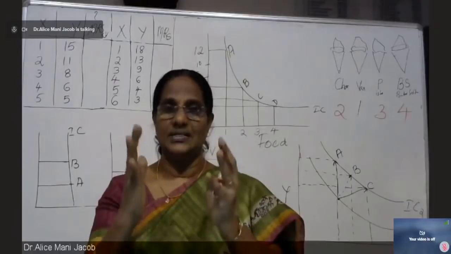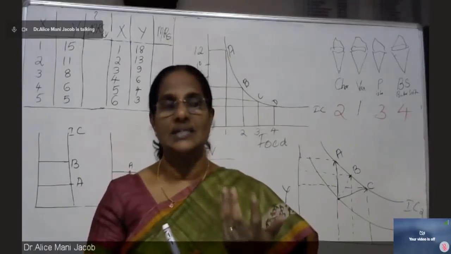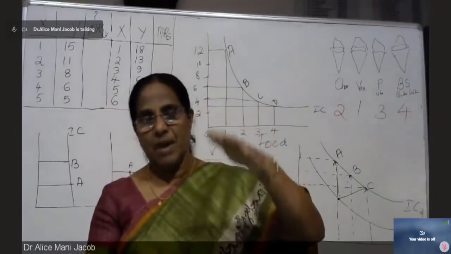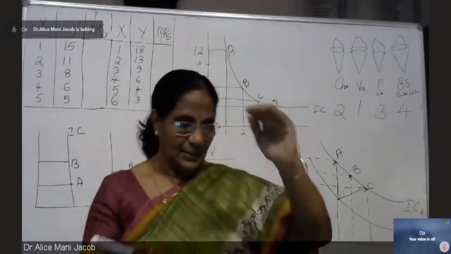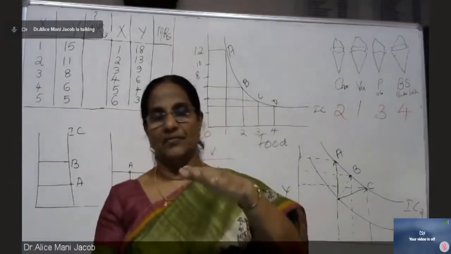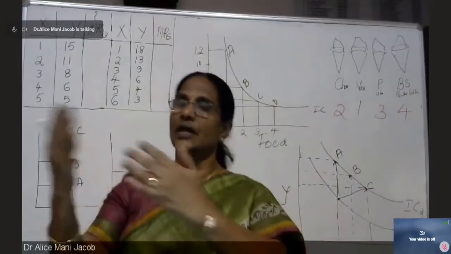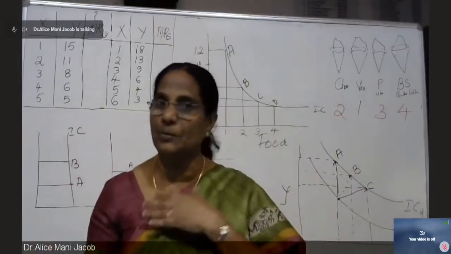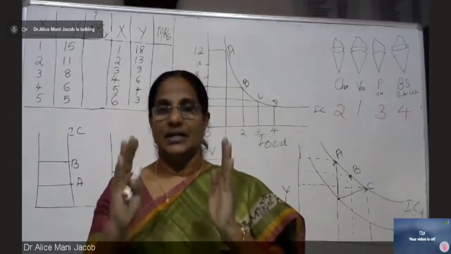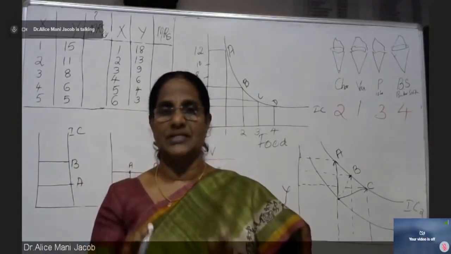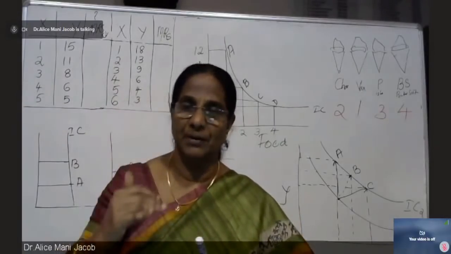This is the basic point in ordinal utility analysis, that people have a scale of preference, okay? This is my scale of preference and your scale of preference will be different. A third person's scale of preference will be different. But each person is capable of ordering their preference.